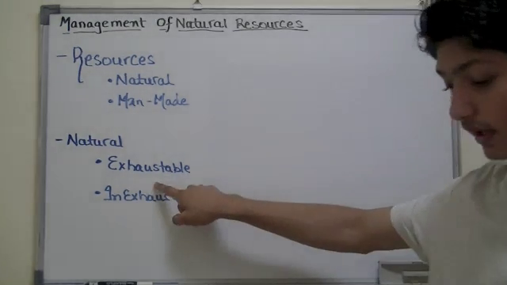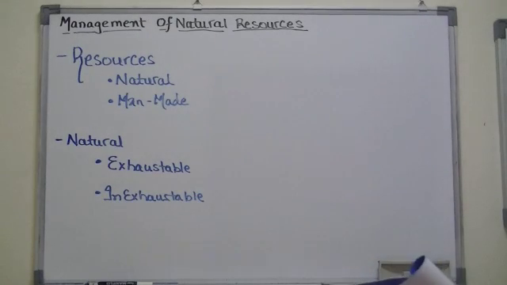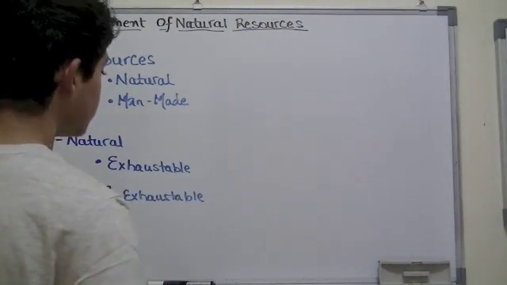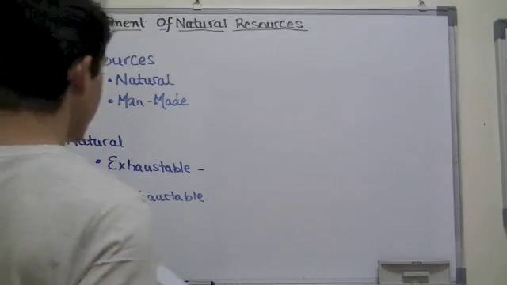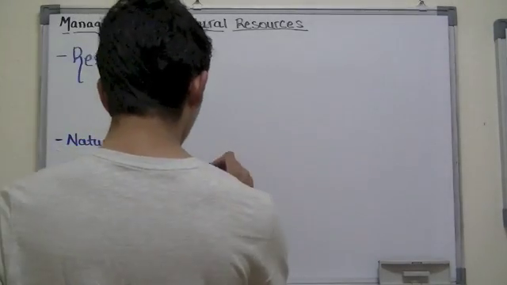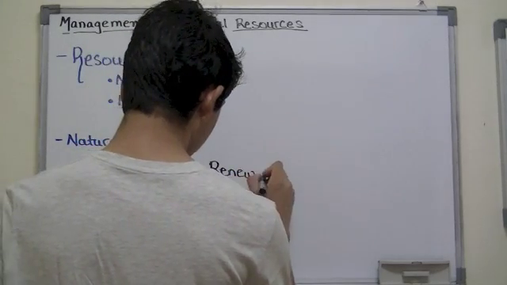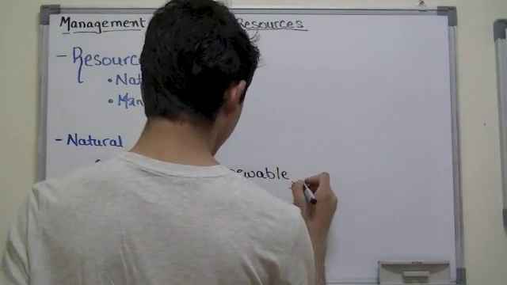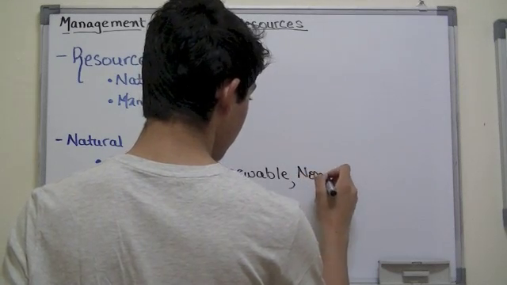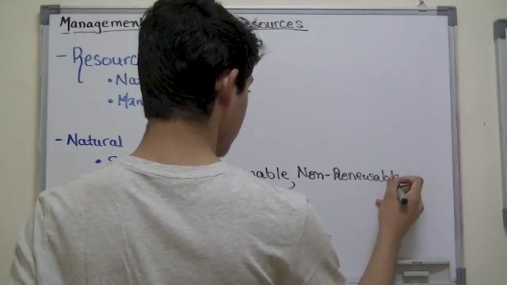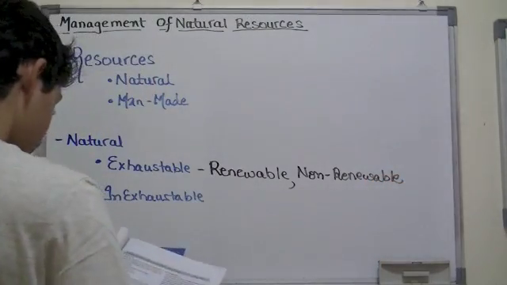Exhaustible resources can be divided into two groups, such as renewable resources and non-renewable resources. So let me go ahead and write it down. This can be divided into two groups, such as renewable resources and non-renewable resources.